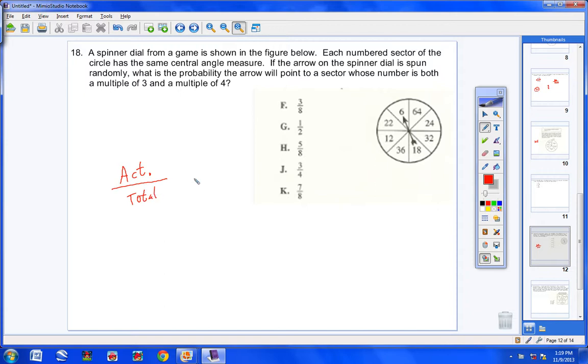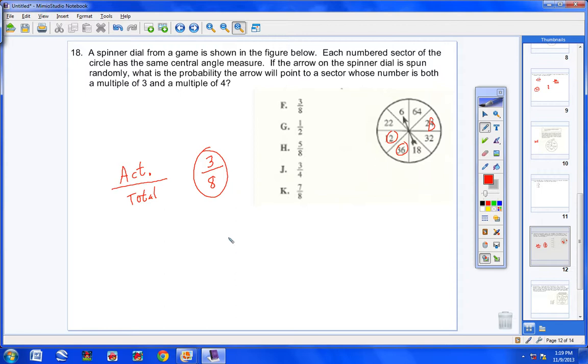Well, the actual numbers I'm looking for would be 3, correct? There's 3 possible numbers the spinner could land on out of how many total numbers altogether? 3/8. So the probability that the spinner will land on one of these three numbers is 3/8, or 3 out of 8 is another way to say it. The probability is 3/8.